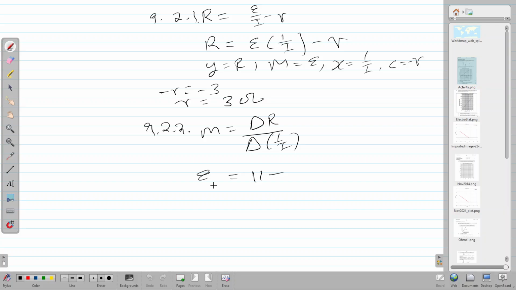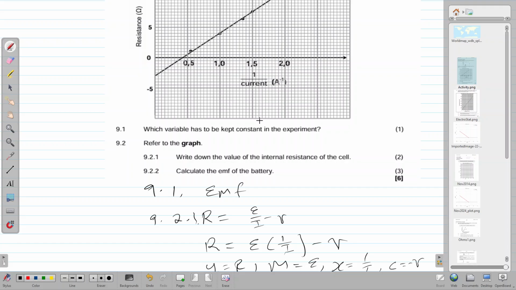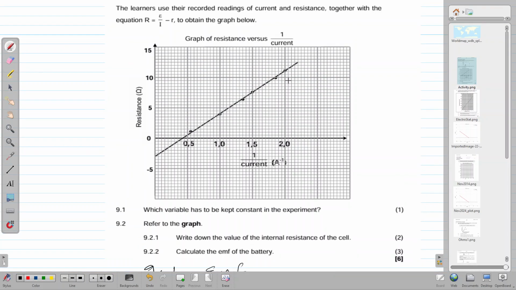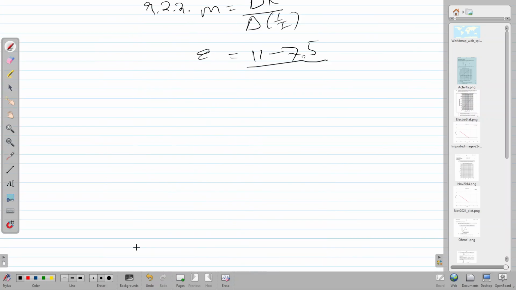So that's 11 minus 7.5, divided by 2 minus 1.5.